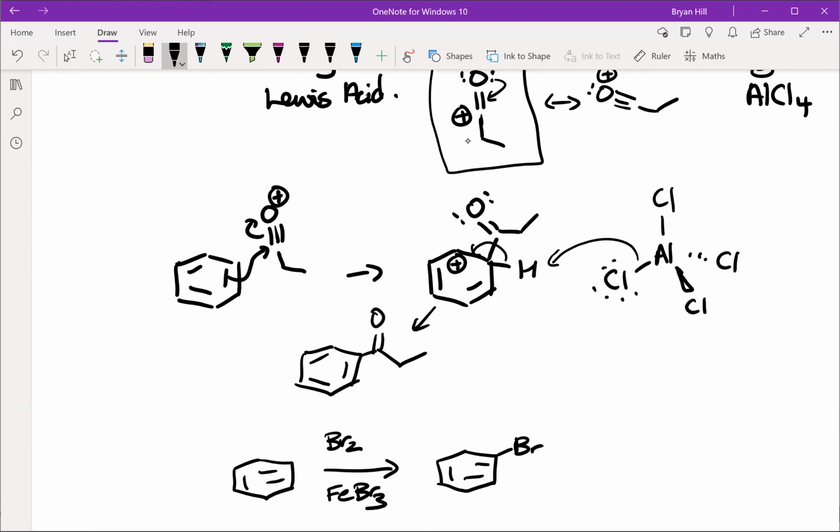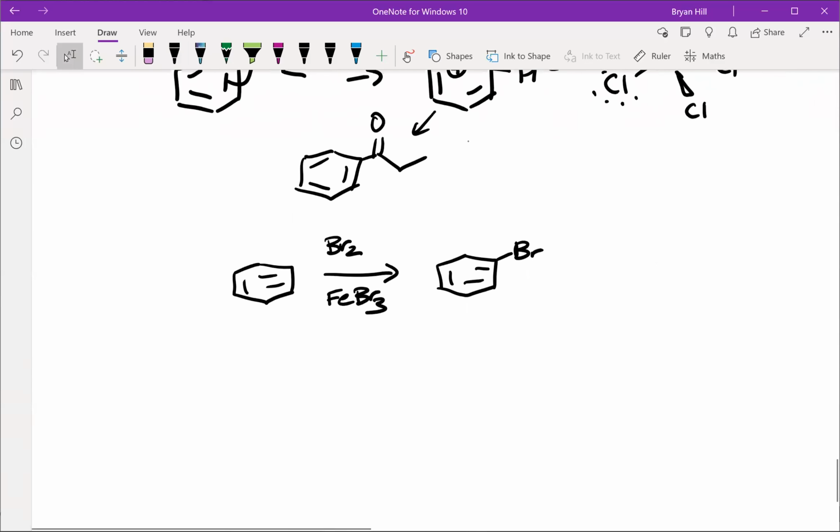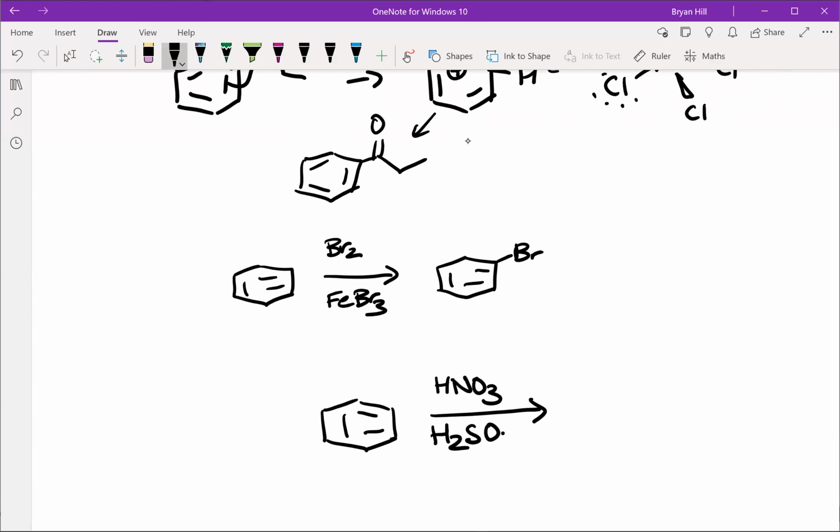So those were all the electrophilic aromatic substitution reactions. You could add bromine, you could do a nitration. I think you guys all did this in the lab, using a mixture of nitric acid and sulfuric acid to put on a nitro group.